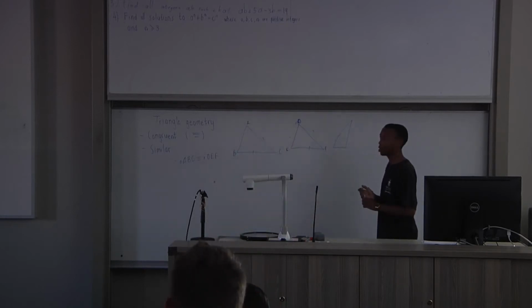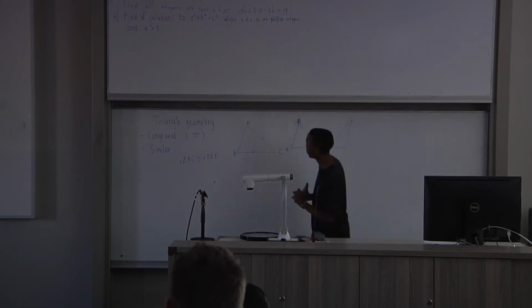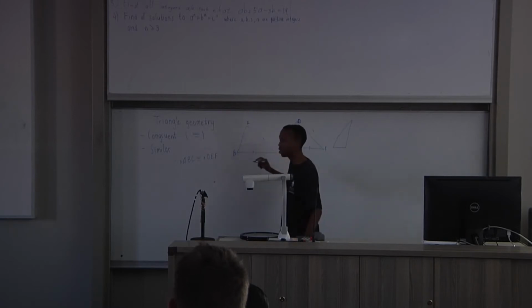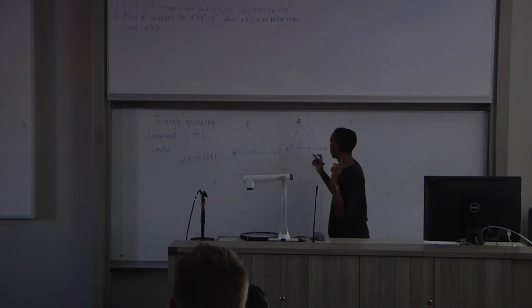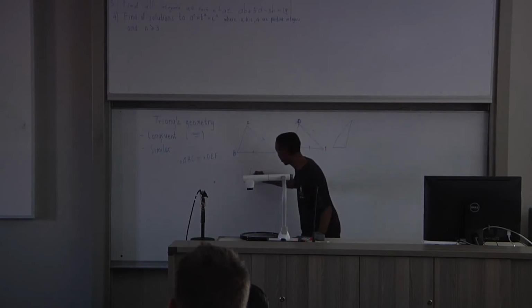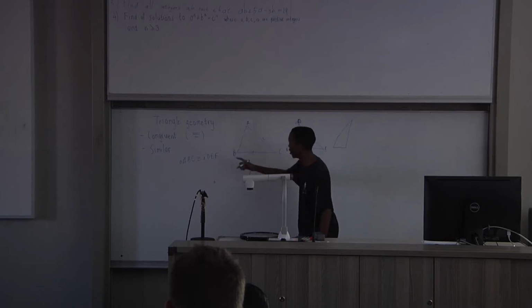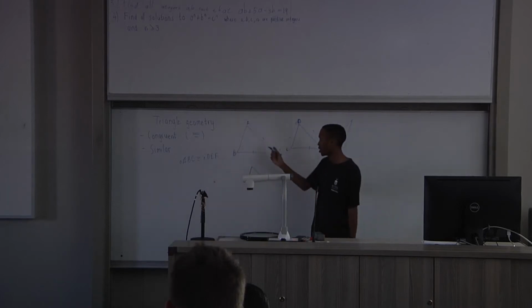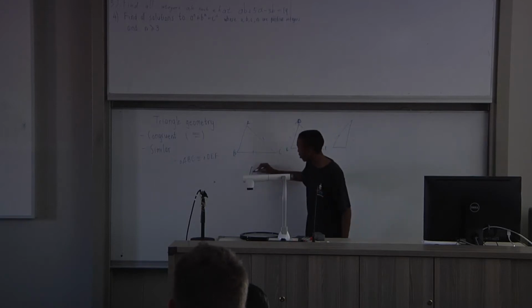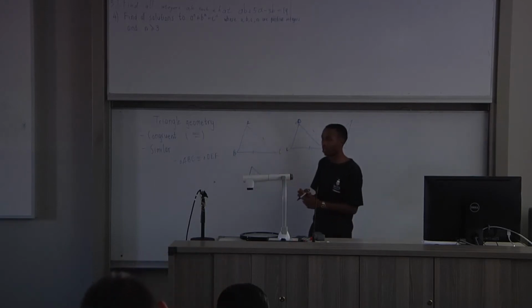And similar triangles are when all the angles are equal, but they may be different in size. So if we had another triangle here, which was slightly smaller but looked the same, just scaled down a bit, they have the same angles, but this one is just smaller.